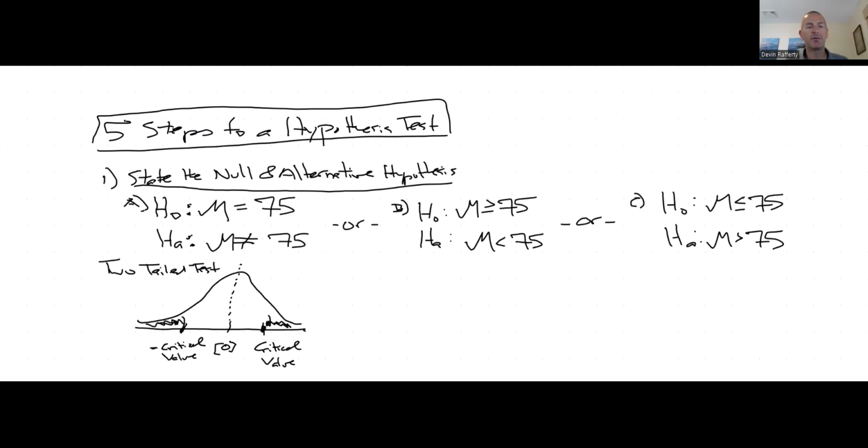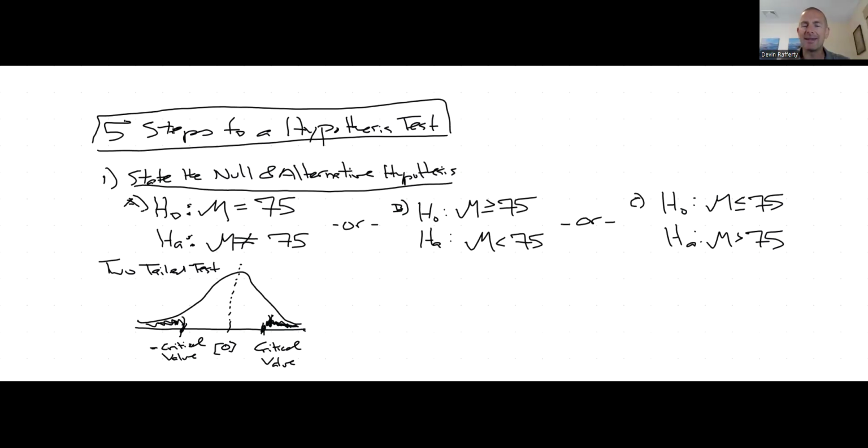It is negative because it is to the left of 0. This is just a number line. So we have negative infinity, positive infinity, negative, positive. So again, this is a negative critical value, and this is a positive critical value.